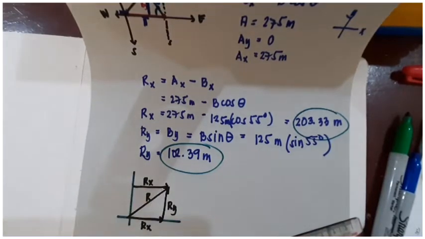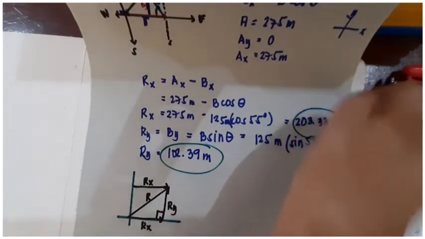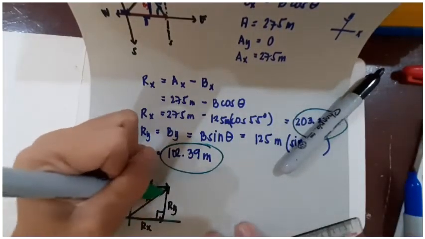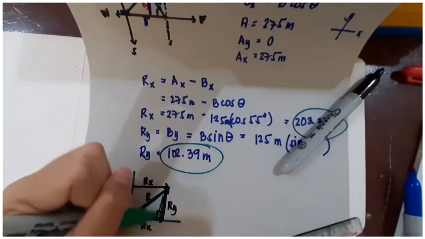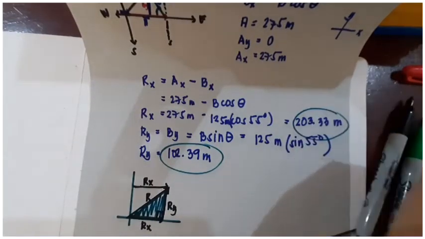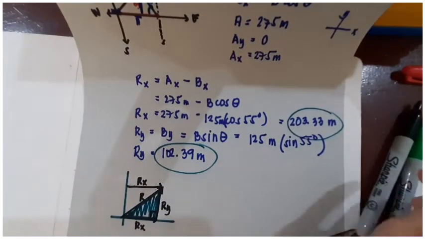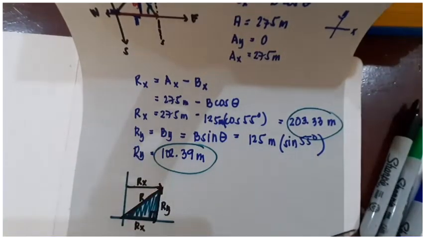So makaka-form tayo ng right triangle. Nasaan yung right triangle ninyo? This one. Ayan siya, right triangle ninyo. So pwede natin gamitin si Pythagorean Theorem to solve for the magnitude of r.